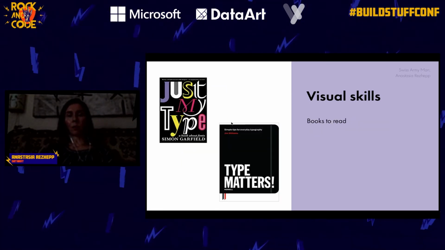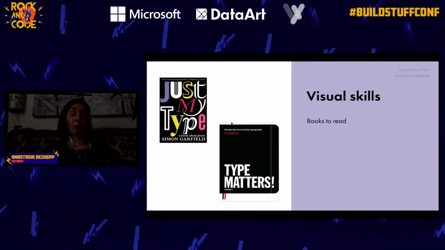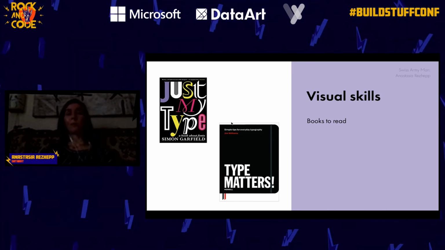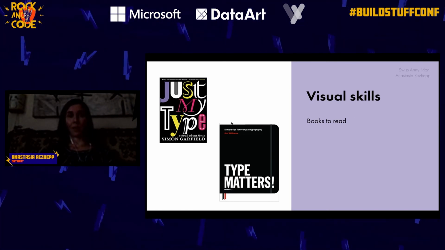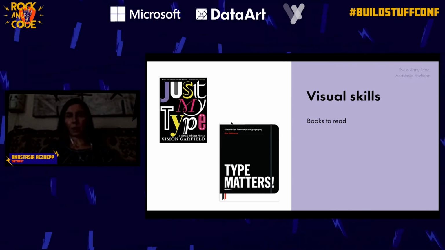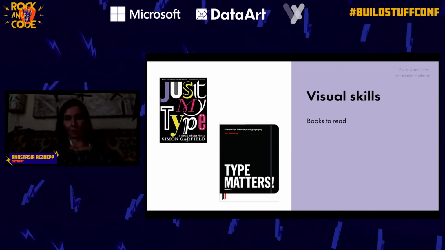And again, a couple of books here. I don't have any books about the proximity principle, but I have a couple of books about type, because I just like them myself. The first one is Just My Type.